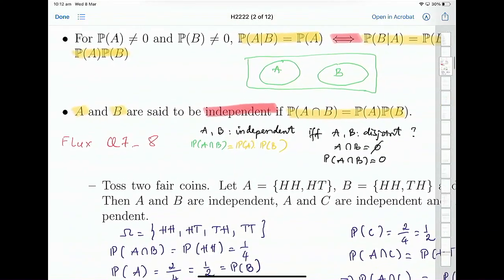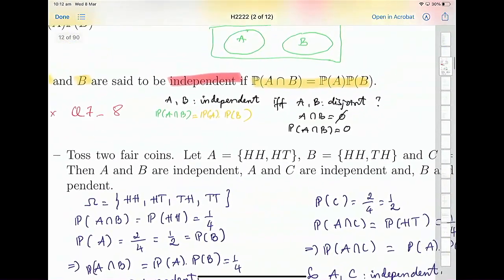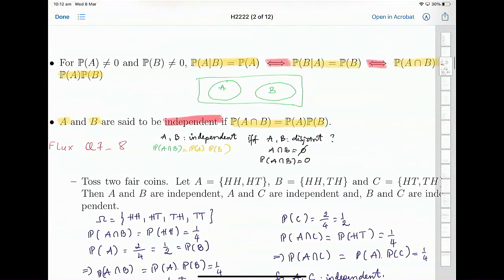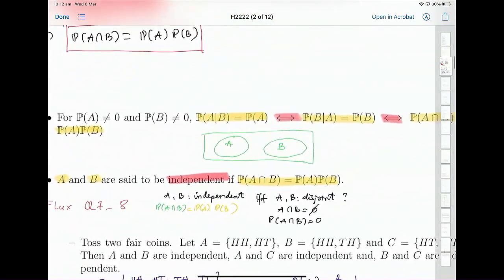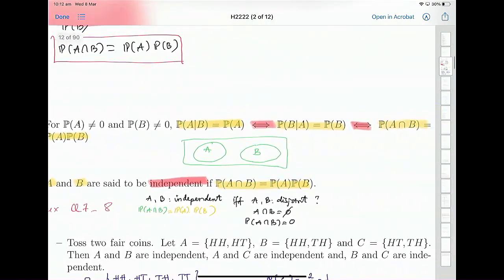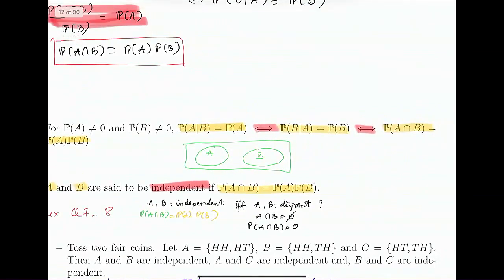Okay, so we have an example here. Toss two fair coins and define the event A as head-tail and head-head, B as head-head and tail-head, and C as head-tail and tail-head.